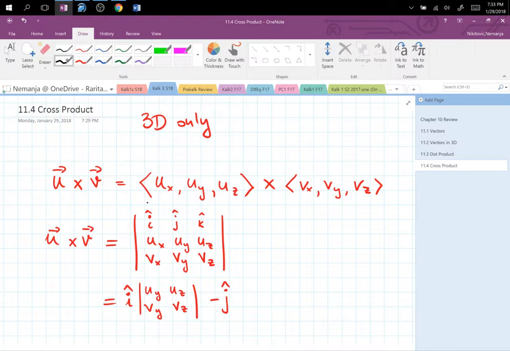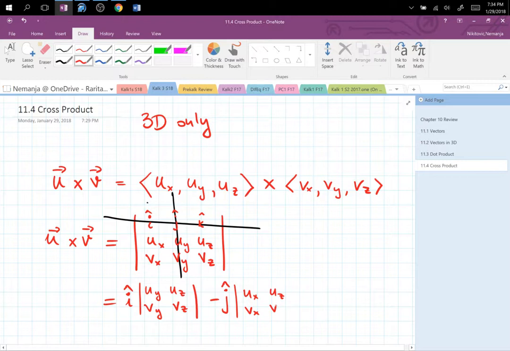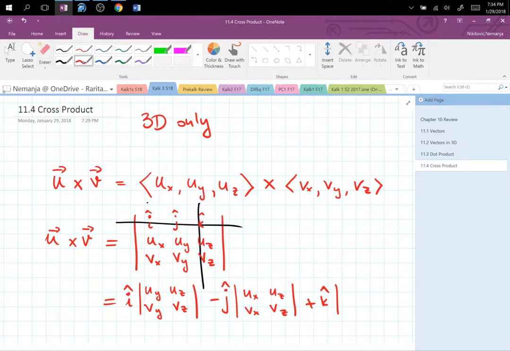Same deal: kill the row and column, and the matrix you need to work with is ux, uz, vx, vz. And finally we have plus k times the determinant of the matrix that stays behind once we kill k's row and column: ux, uy, vx, vy.